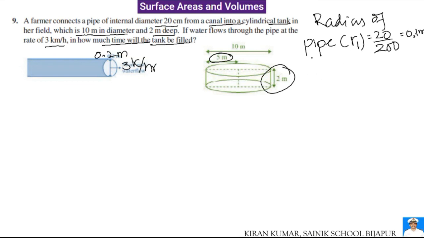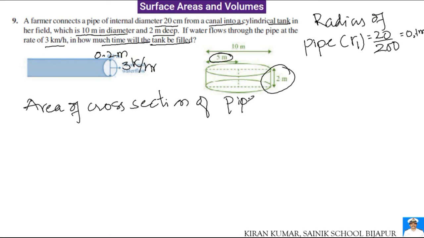Alright. I need to find area of the cross section of a pipe. Here, area of cross section of pipe will be equal to pi r1 square. This will be pi times 0.1 square, 0.01 pi meter square. This is the area of the cross section.